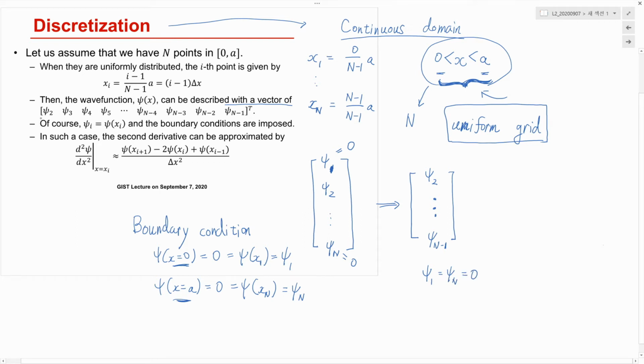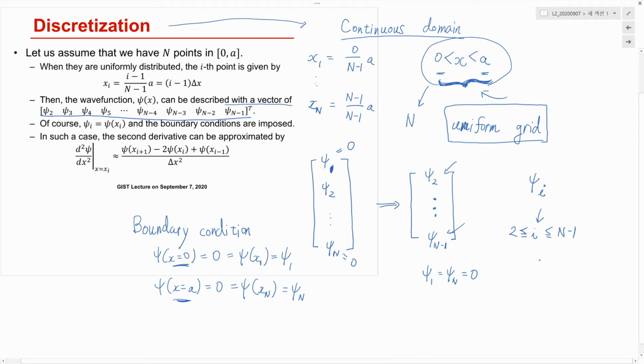That is the concept shown here. Now for our positions, like psi 2 or psi n minus 1, from this vector, every position, for example any index i, is equal to or larger than 2 and equal to or smaller than n minus 1.